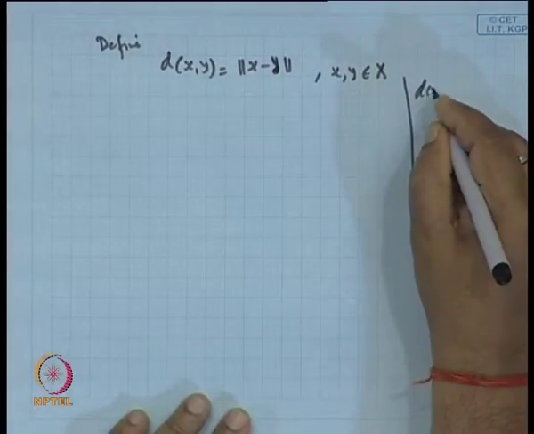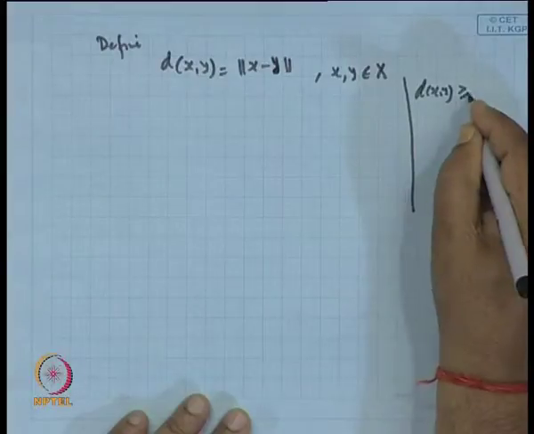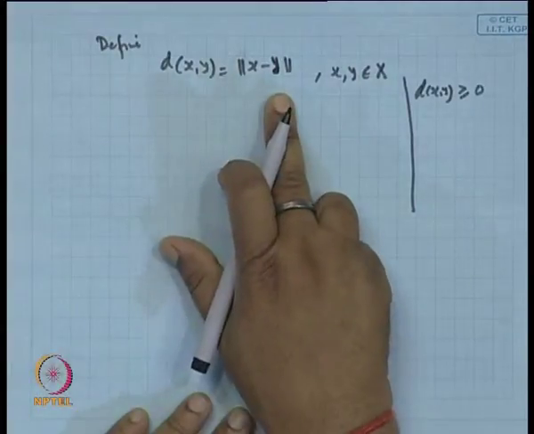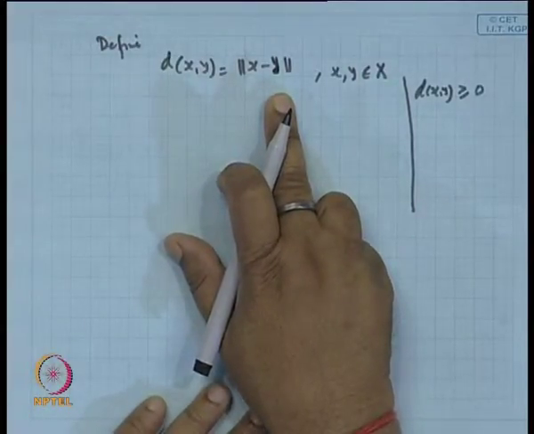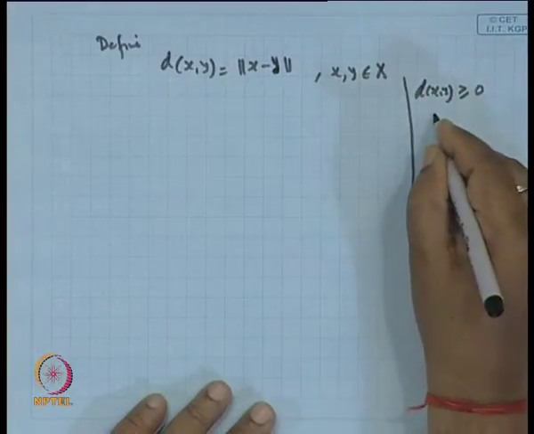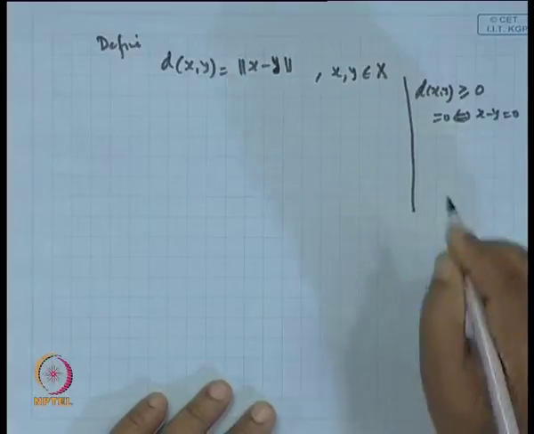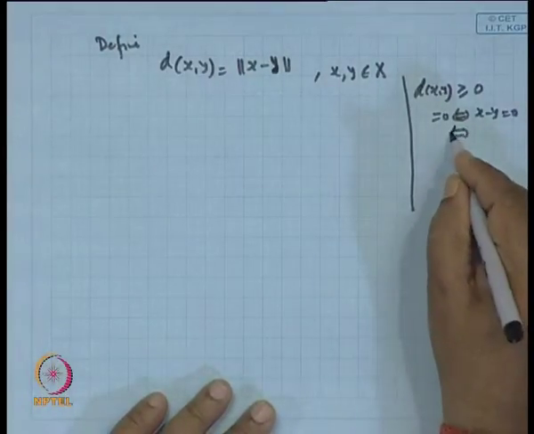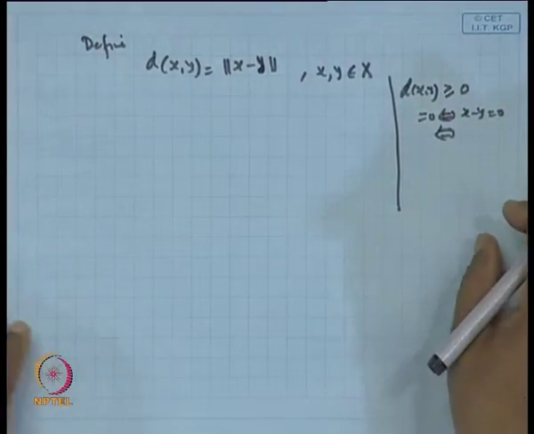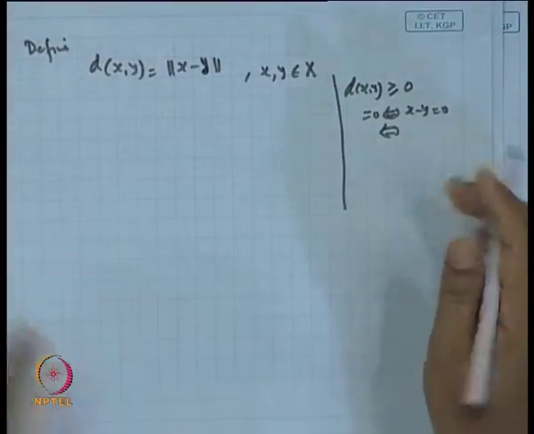First, d of x y will always be greater than or equal to 0, because the norm can never be negative. Then if it is 0, it means x minus y must be 0, so x must be equal to y.